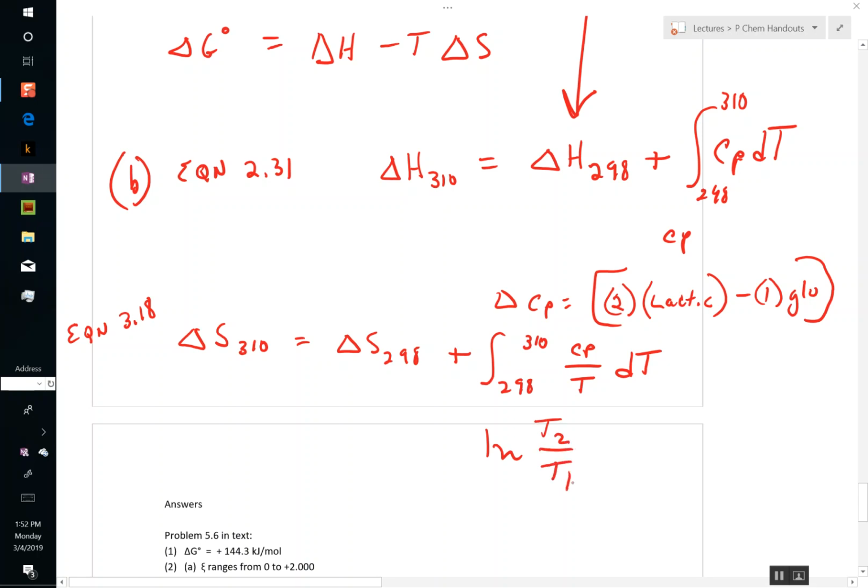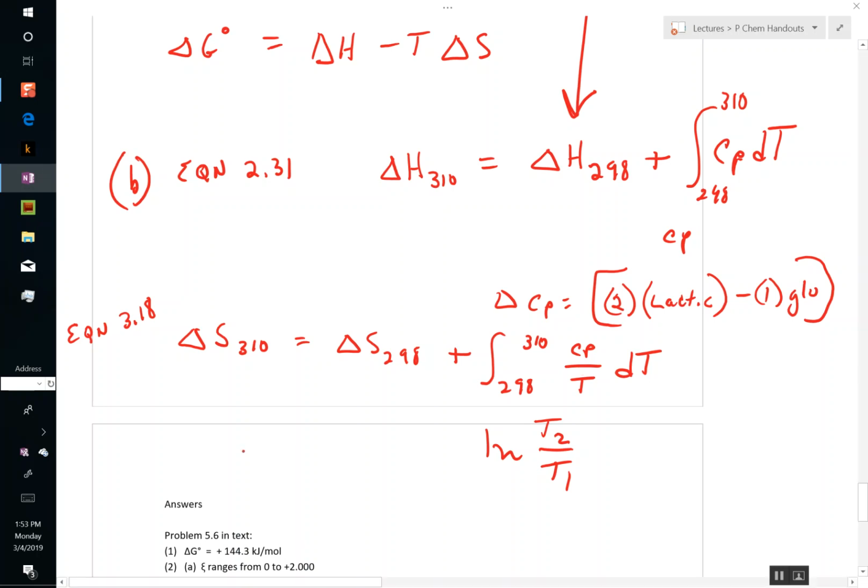Wait, what's that, natural log? Well, from integrating 1 over T dT, it's going to distill down to the natural log of T2 over T1.